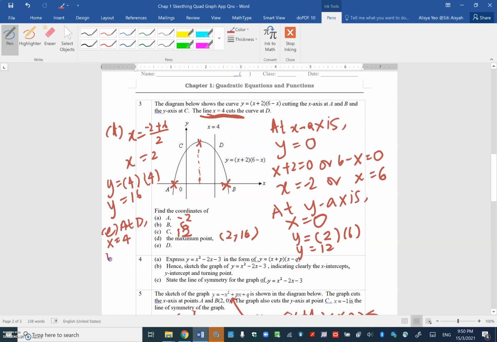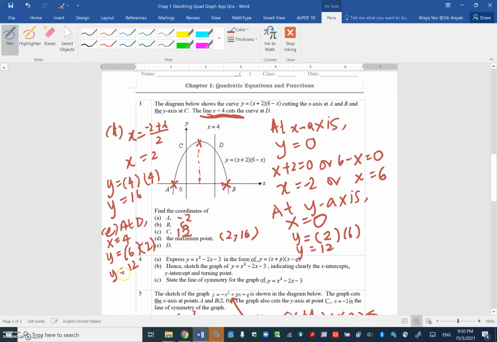That would mean that y is 4 plus 2 is 6. And then 6 take away 4 is going to give you 2. So that's 12. Okay, correct. So y equals 12.